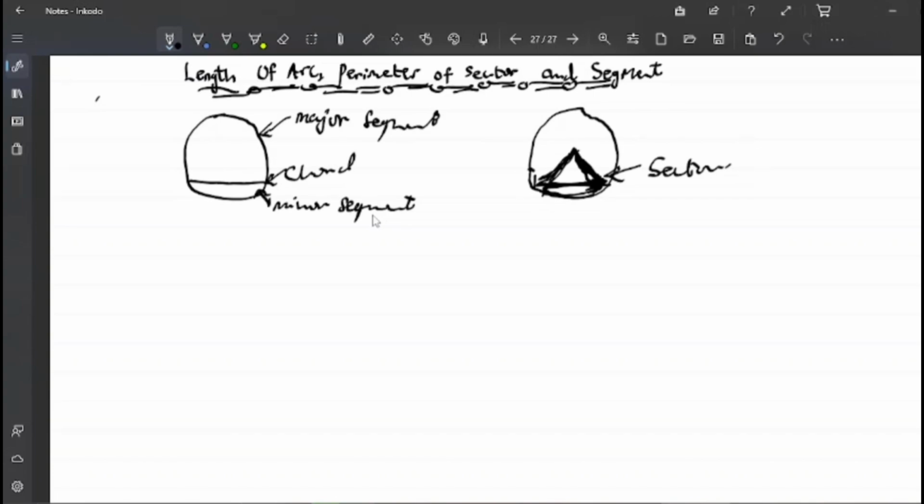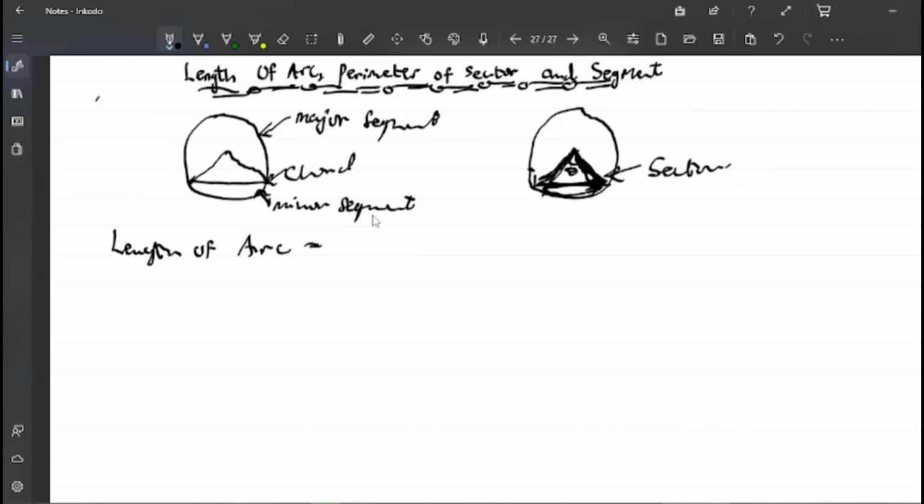If at the center here we have an angle, say theta, what's the formula for calculating the length of arc? Length of this arc here. We have to know the angle subtended at the center by the arc.